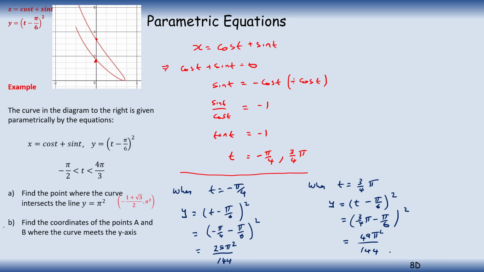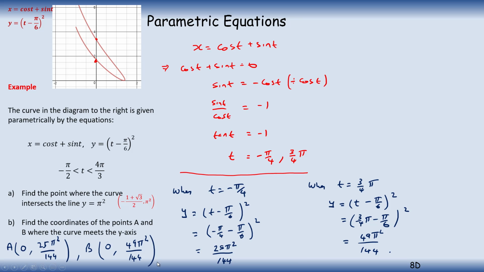So that gives us coordinates then, let's write it here, for A of 0, 25 pi squared by 144, and B of 0, 49 pi squared divided by 144.